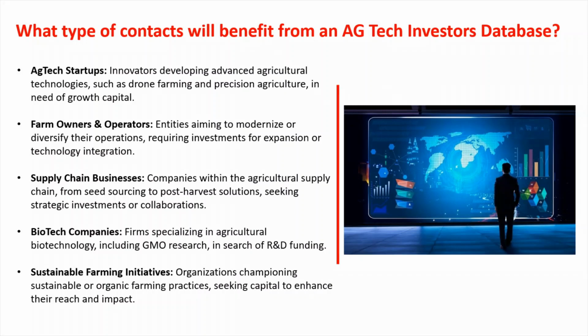Supply chain businesses, companies within the ag sector, from supply chain and seed sourcing to post-harvest solutions, seeking strategic investments or collaborations. Biotech companies, firms specializing in agricultural biotechnology including GMO research in search of R&D funding, and sustainable farming initiatives, organizations championing sustainable or organic farming practices seeking capital to enhance their reach and impact.